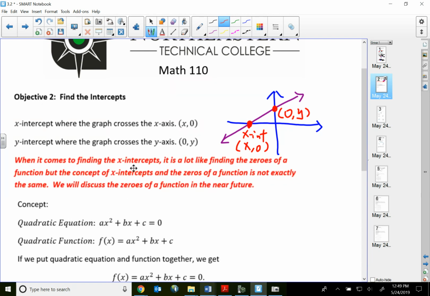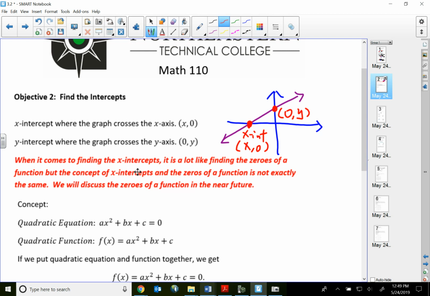Now I'm going to talk about this before I forget. Finding the x-intercepts is a lot like finding the zeros of a function. We'll talk about the zero of a function in the near future, but the concept of x-intercept and the zero of a function are not quite exactly the same. The steps to find the zero of a function are just like the steps to find x-intercepts.